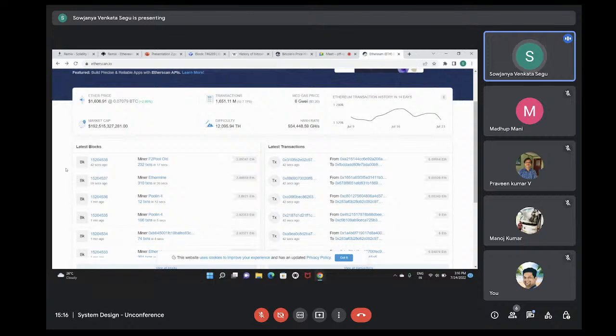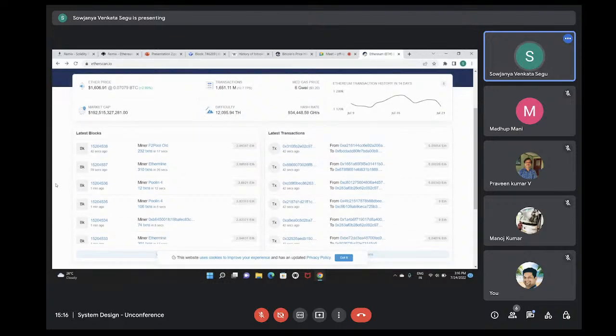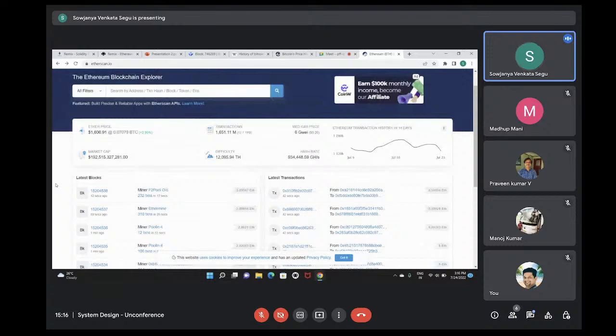The test network will give us some ethers. We can use those ethers to deploy the smart contracts and test. We can use MetaMask wallet. I was using MetaMask wallet to create an address, and then using that account address, we can request dummy ethers. I can give you a demo of smart contract deployment in my next session.